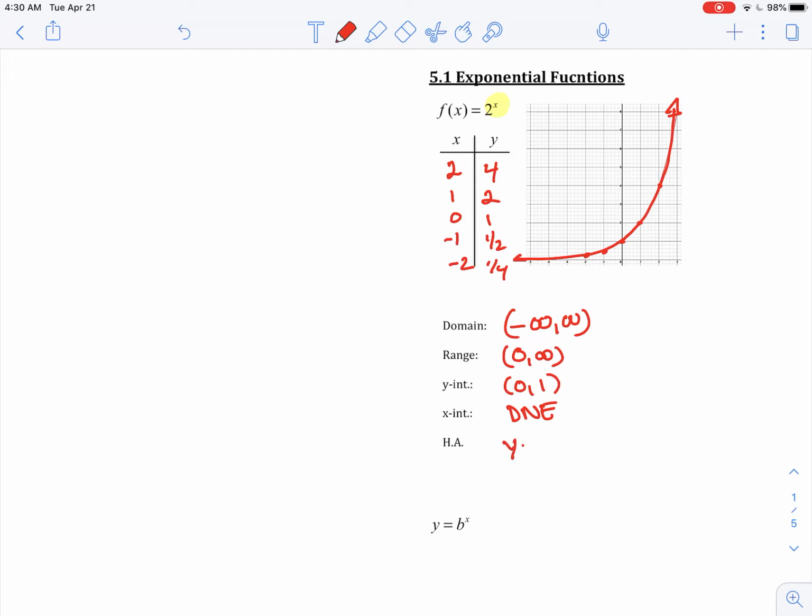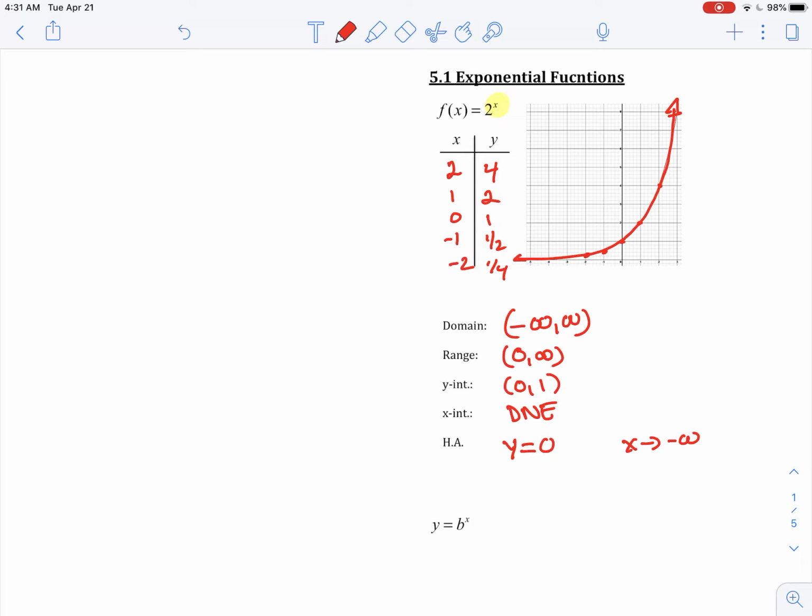We have a horizontal asymptote at the x-axis, the line y = 0. So as x goes towards negative infinity, our graph approaches the horizontal line y = 0. Or we would say the limit of that function is equal to 0 as x goes towards negative infinity.